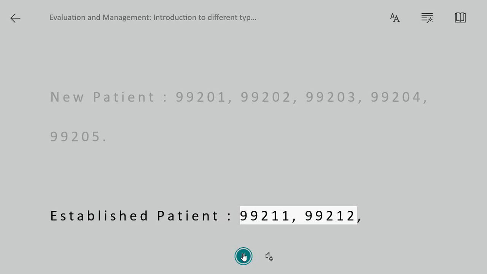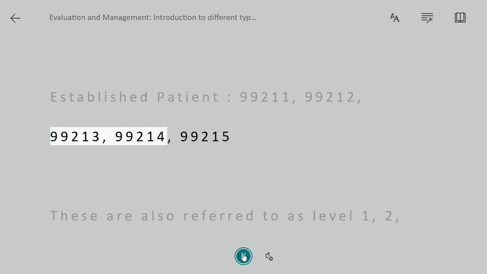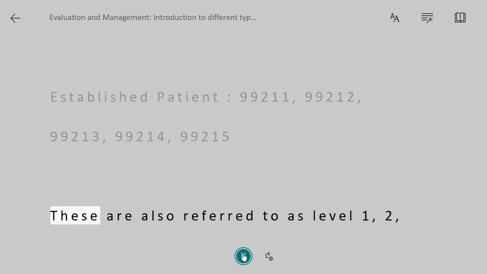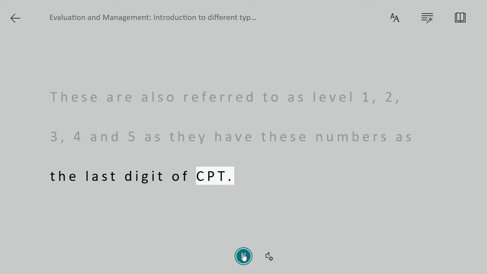Established patient, 99211, 99212, 99213, 99214, 99215. These are also referred to as level 1, 2, 3, 4 and 5 as they have these numbers as the last digit of the CPT.